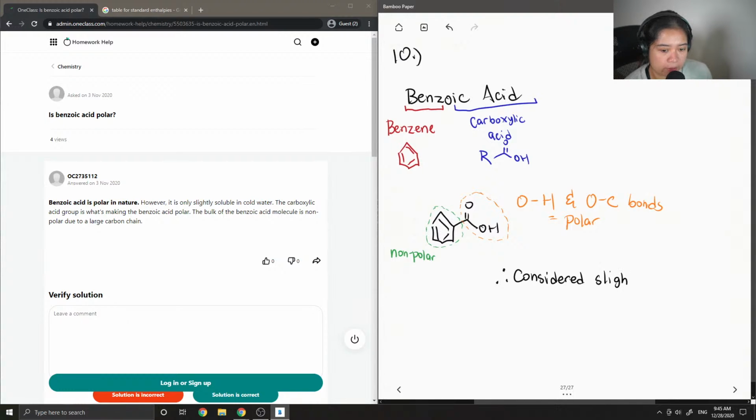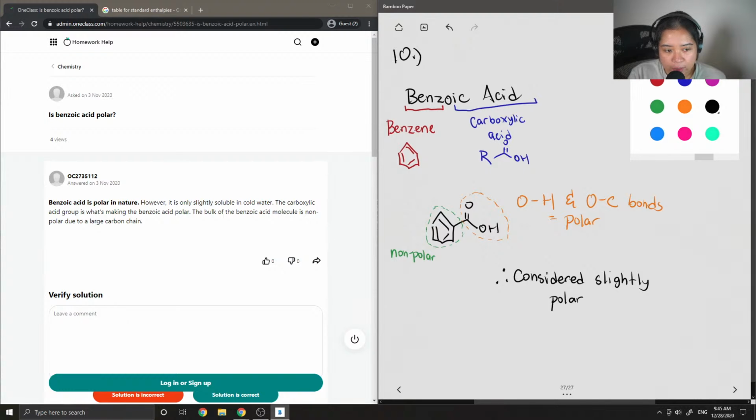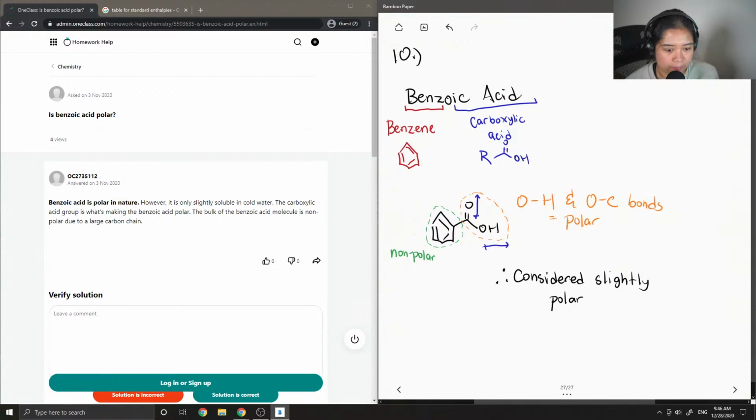So it's one of those groups that doesn't really have a definite answer whether or not it's exactly polar or non-polar, just because it has that large aromatic non-polar group. But it also has polar functionalities. But overall, it's not completely nonpolar because we have a non-zero dipole moment in the direction of the more electronegative oxygen atoms.